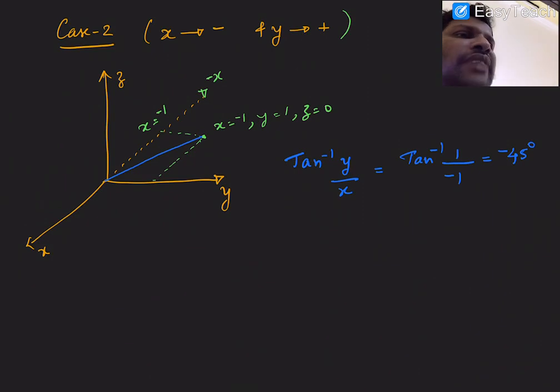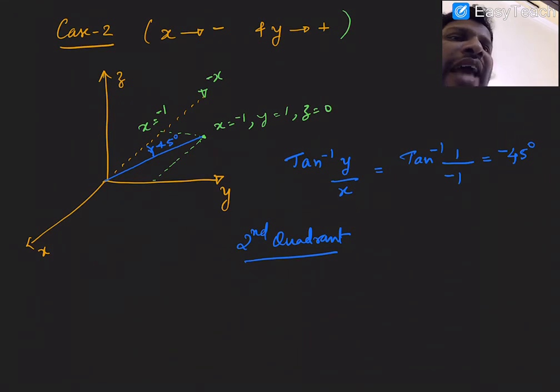This minus sign is indicating from which axis you are taking this. You are taking from the minus x axis. The minus sign indicates in which direction you are moving, and the magnitude of that angle is 45 degrees. Now it is clear that it is in the second quadrant.